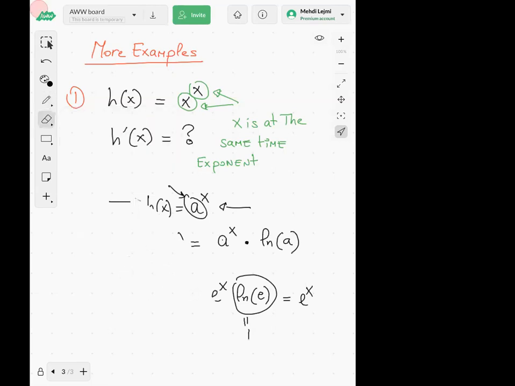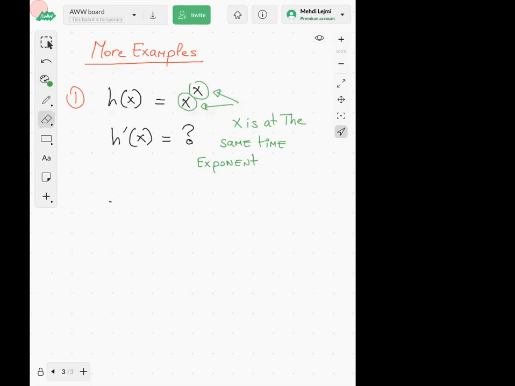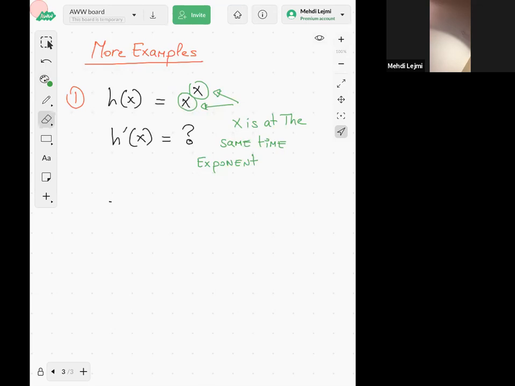So x is at the same time exponent and base.